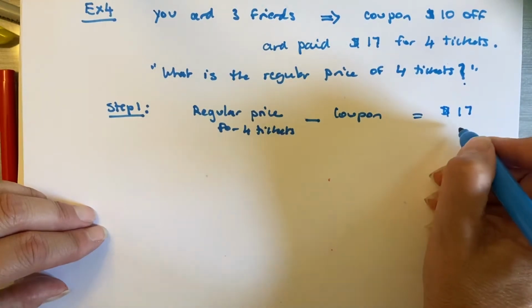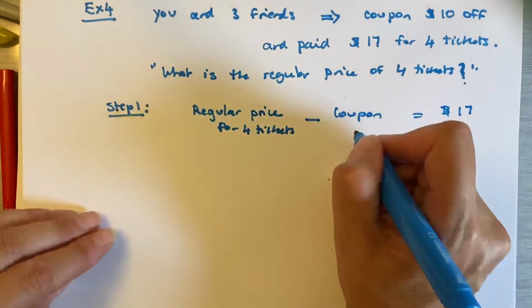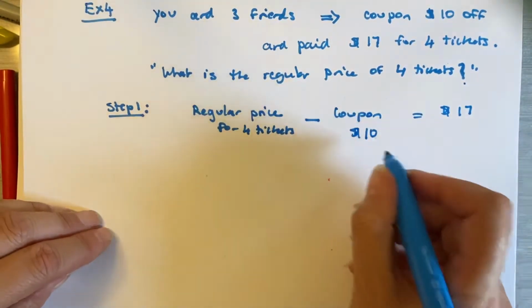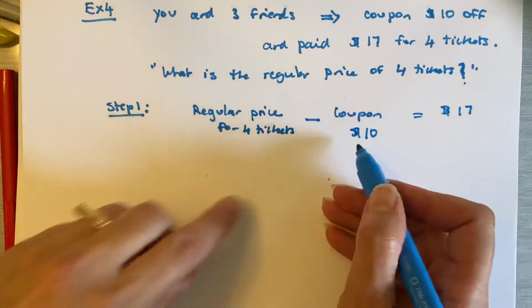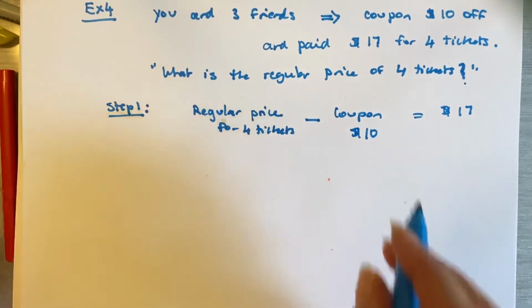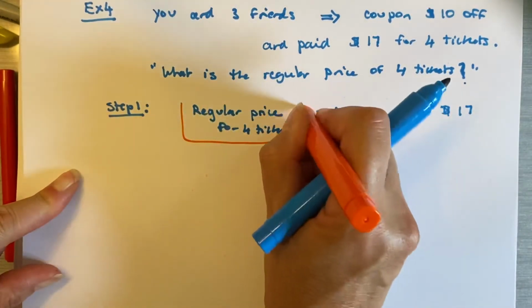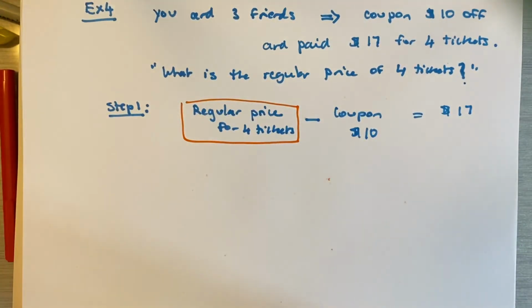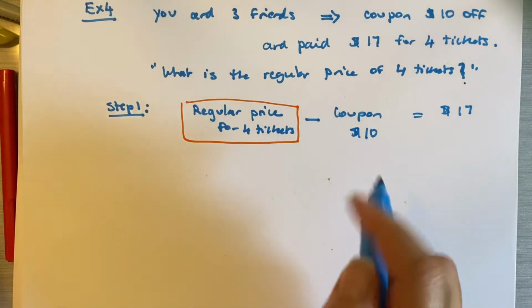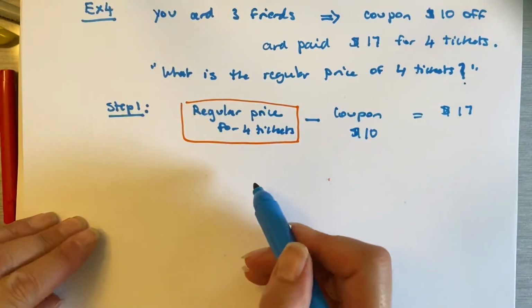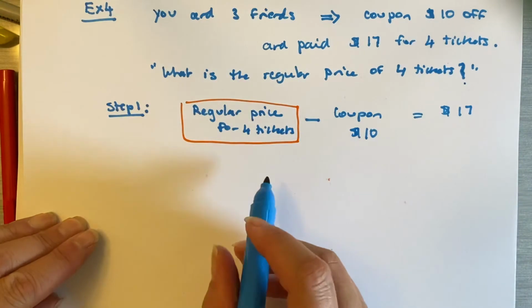This is what I paid. I paid $17 after my coupon. So after I handed them the coupon, I paid $17. My regular price minus that $10 coupon gave me $17.